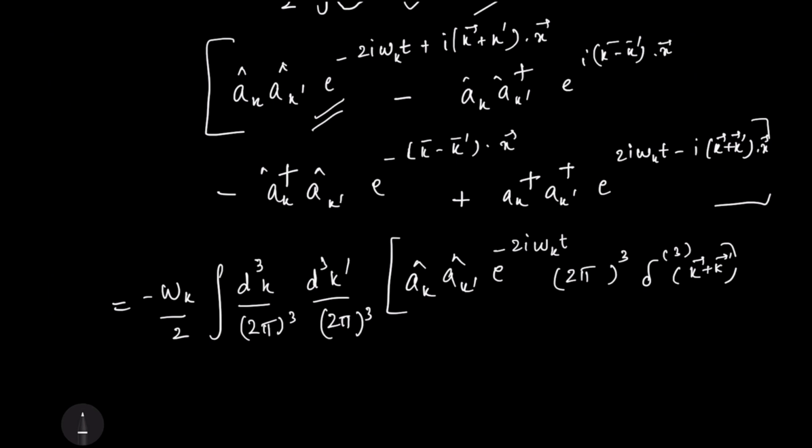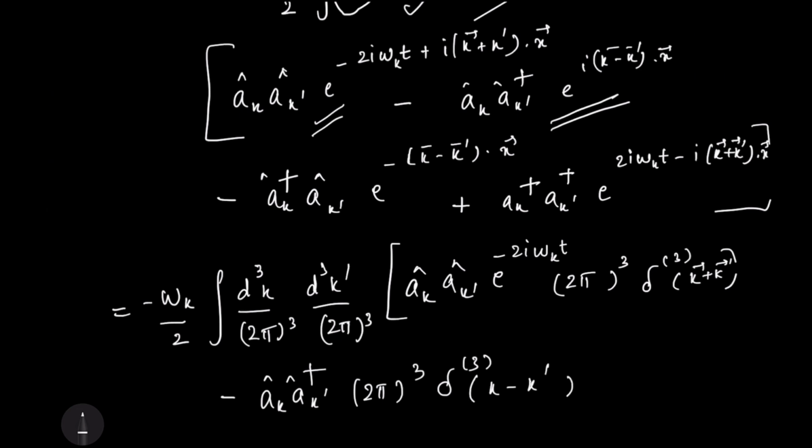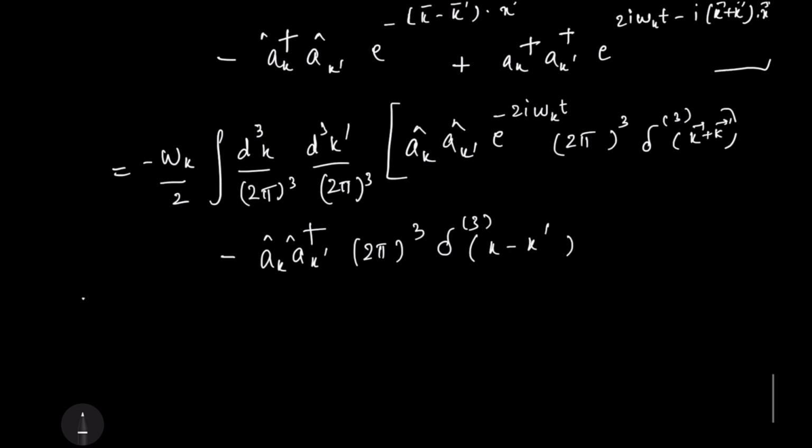Now I have to integrate the second term, minus a_k prime dagger. The integral of e raised to i (k minus k prime) dot x will be 2 pi cube delta of k minus k prime. Next term a_k dagger a_k prime, 2 pi cube delta of k minus k prime.